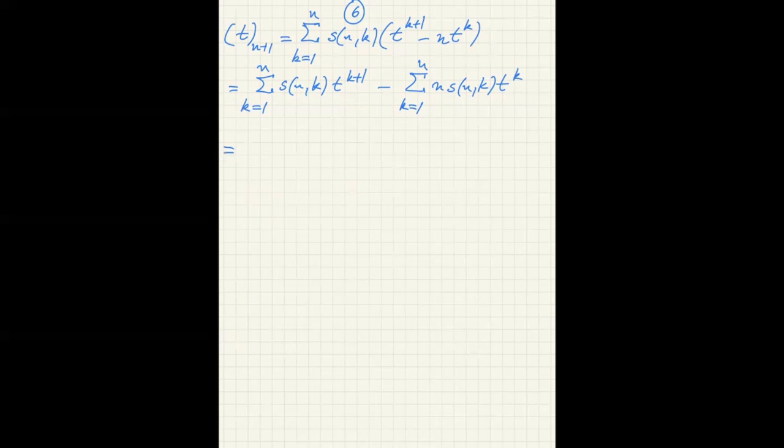We replace our k plus 1 by the index k. So when k goes from 1 to n, k plus 1 will go from 2 to n plus 1, and this will be S_{n,k-1} T to the k, and here minus, we just copy the thing from above.